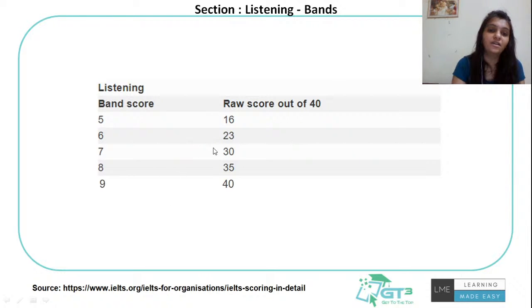And if you are even attempting for Australia, then you have to always target band 8. That is, 35 out of 40 should be right. So this is the band score criteria, and especially for listening, for academic students, 6 is a mandatory score.